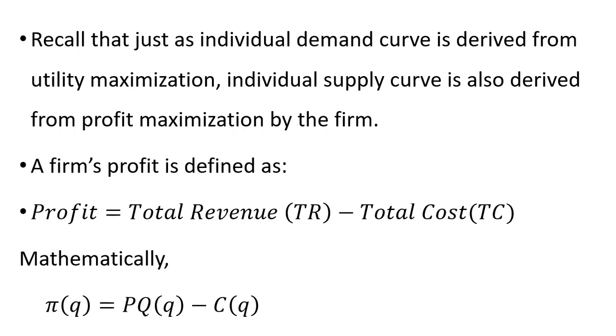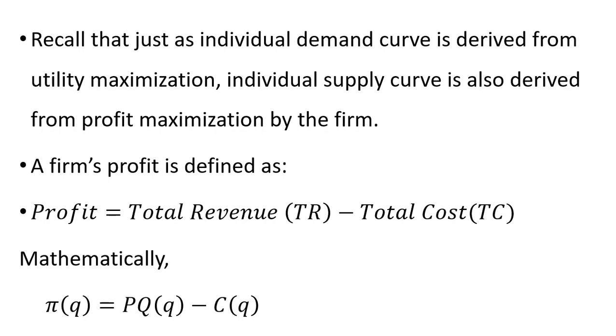So mathematically, the profit function is defined as pi, which is a function of q, is equal to pq minus c(q). We want to follow a convention in economics. What normally happens is that when we are dealing with a firm, we use small letters.